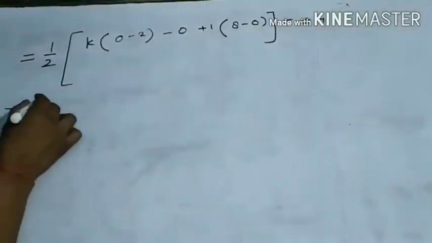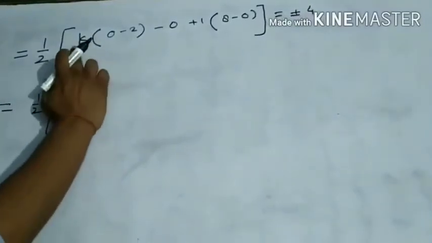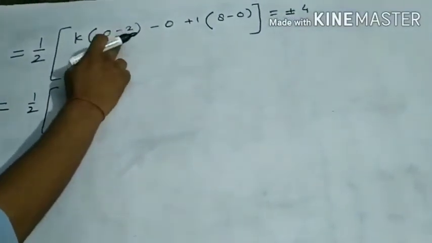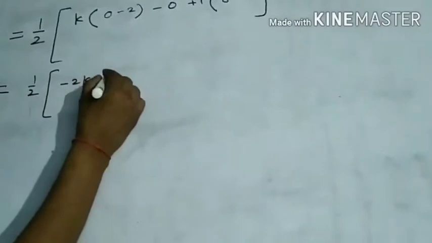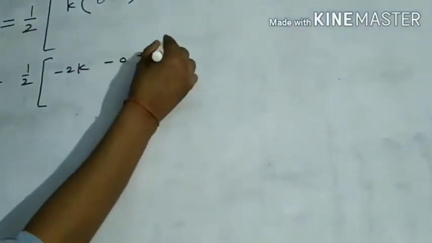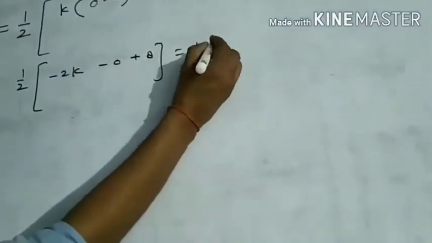Now here this is 1 by 2 and then k in bracket 0 minus 2 means minus 2k, and then minus 0, and this is 8, and this is equal to plus minus 4.